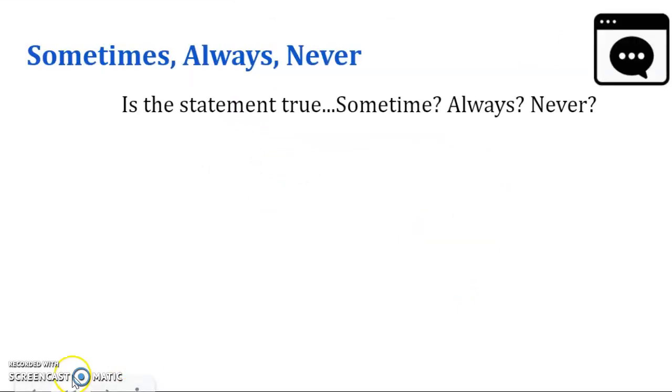Okay, now we're going to go into what is sometimes, always, or never. Is the statement below going to be true sometimes, always, or never? That's what I want to hear from you. So if I said the statement was Mrs. Van Horn is older than Diana, and I'm talking about Diana from our class, is she always going to be older than Diana in our class?